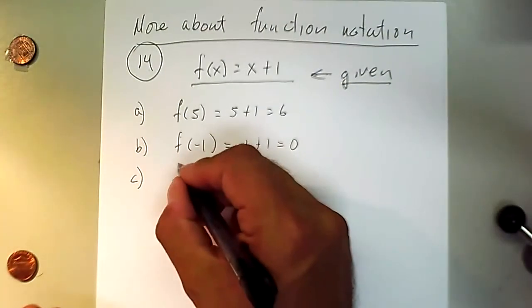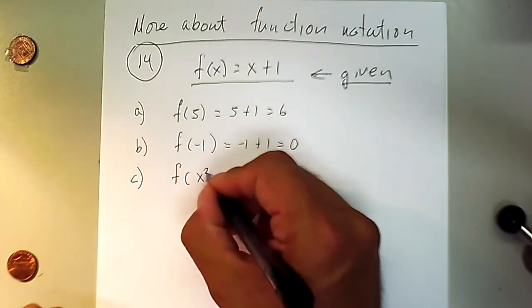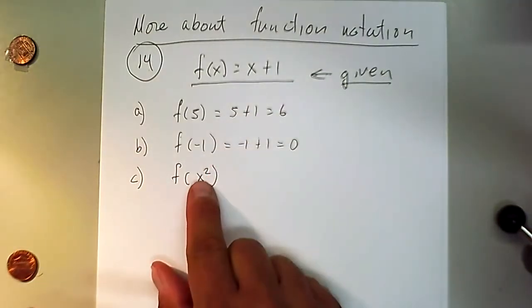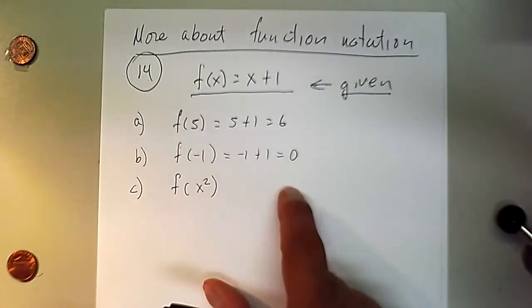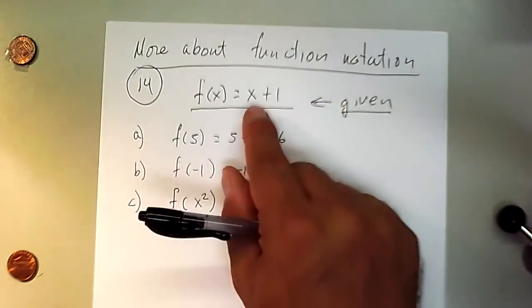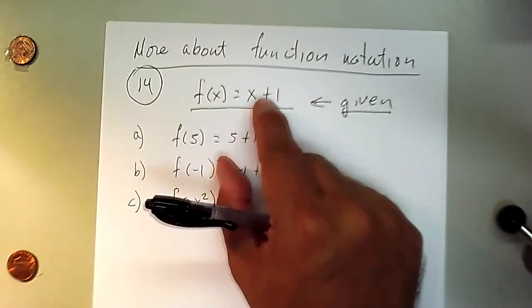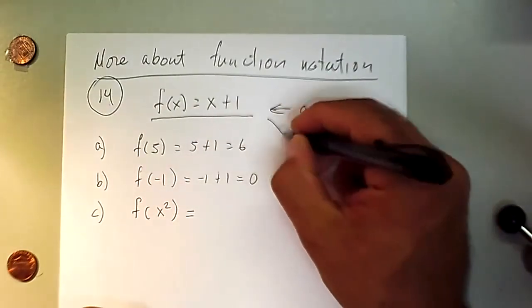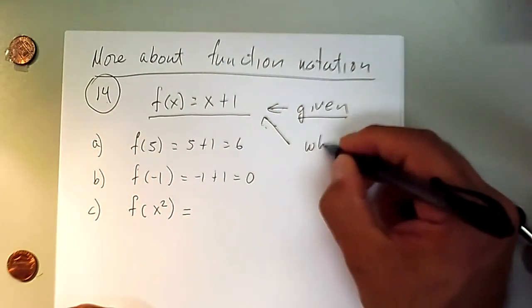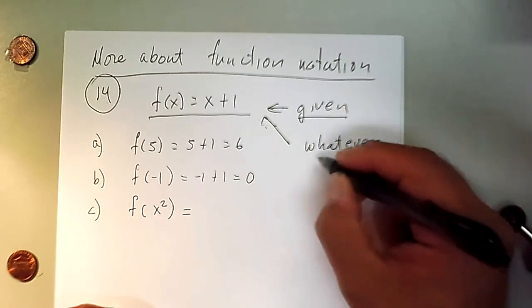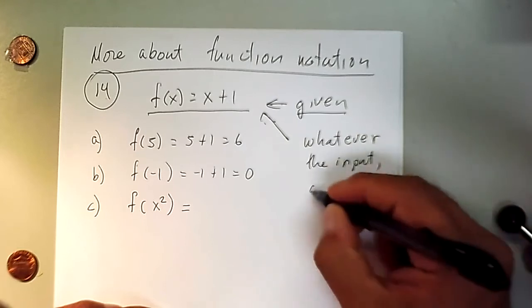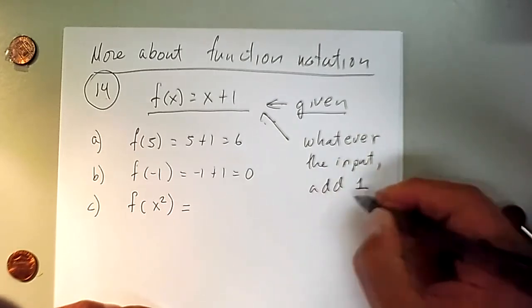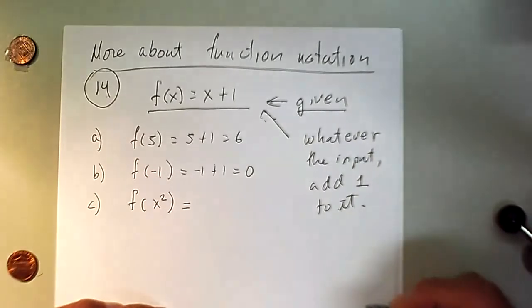So what if we ask for f of x squared? Okay, so instead of x being the input, the input is going to be literally x squared. What is the corresponding output? Well, that's why we need to understand what this formula means. This formula states, okay, whatever the input, add 1 to it.